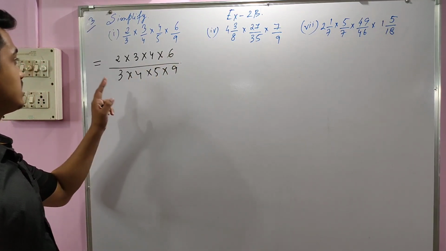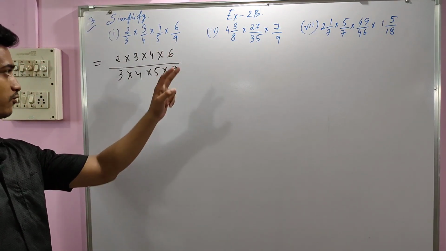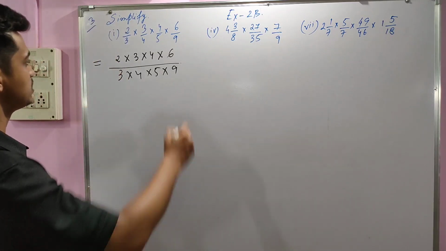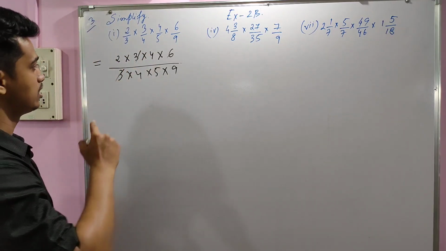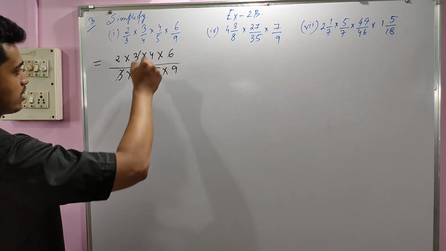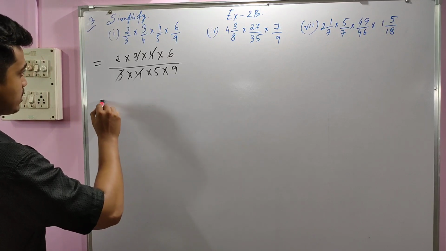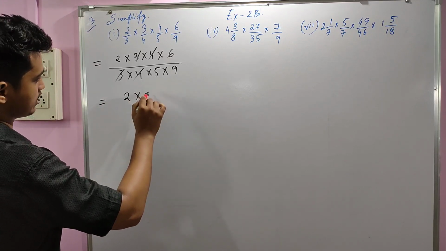Now see here, multiple common factors are there. So the first common factor is 3 and 3, which will cancel out. Now next, 4 and 4 are there, which will cancel out with each other. What remains? 2 into 6.